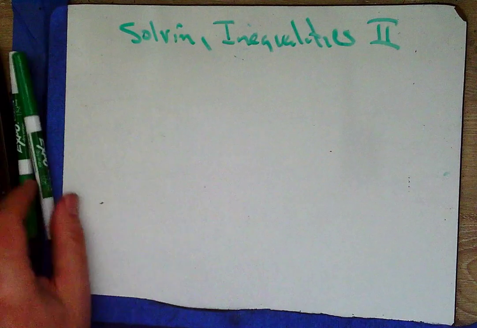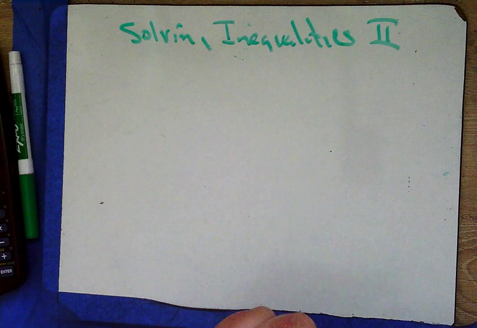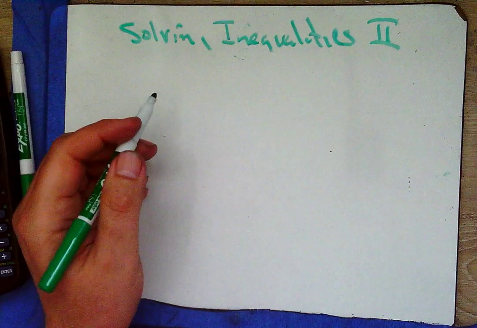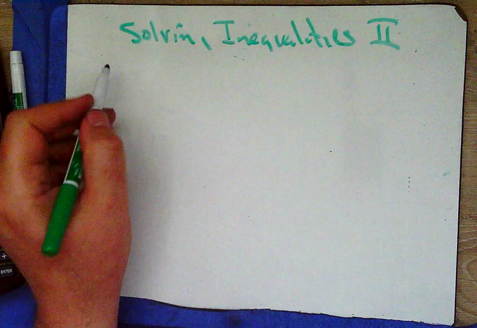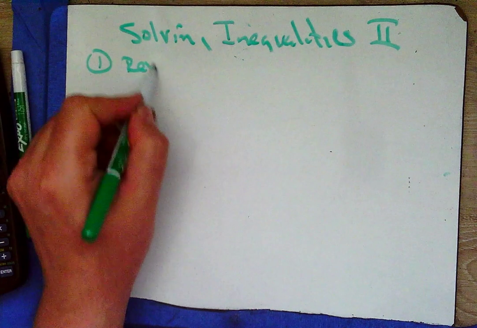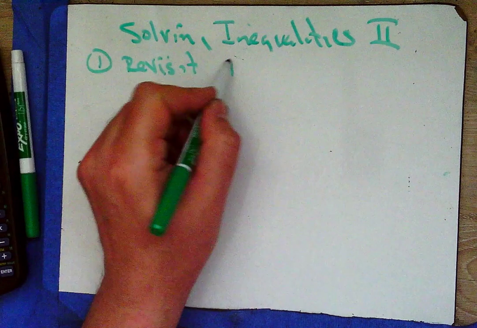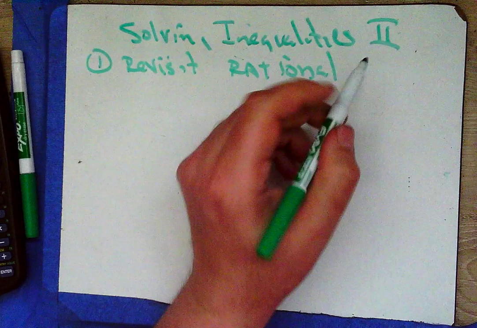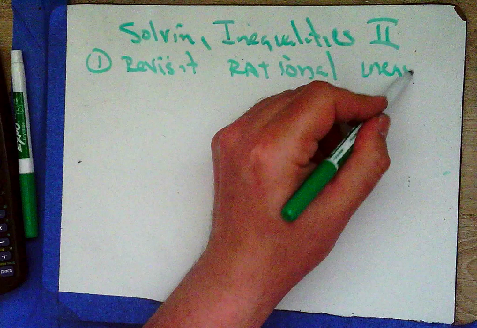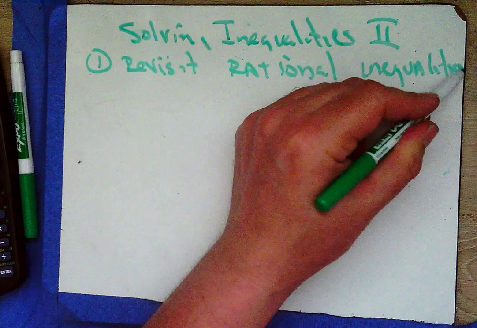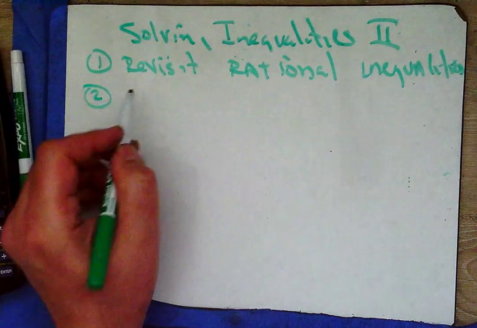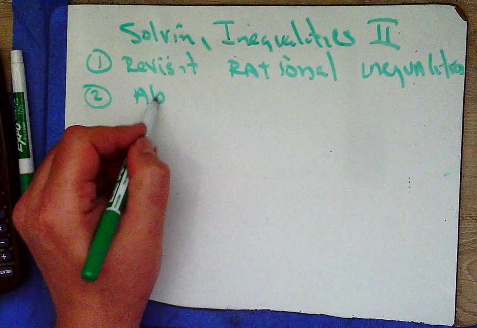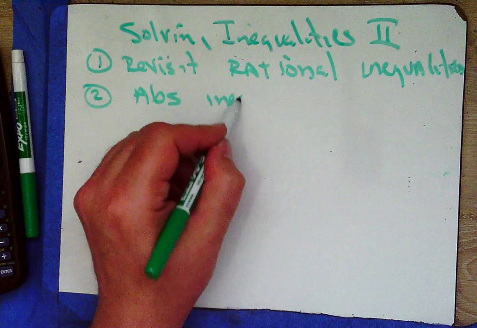All right, so when I think about today's video, I think about it as a video in 3 acts. I want to, 1, revisit rational inequalities. We ended the last video with those, but I'd like to do some more. And then I'd like to talk about, of course, absolute value inequalities.